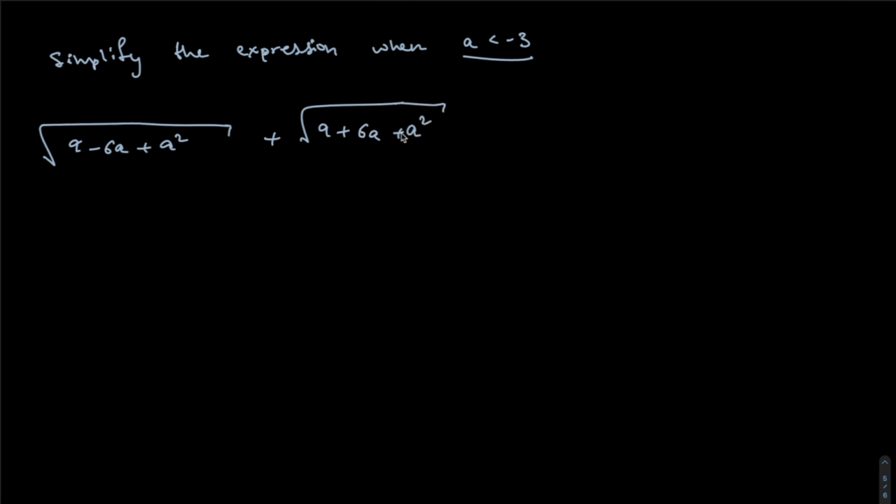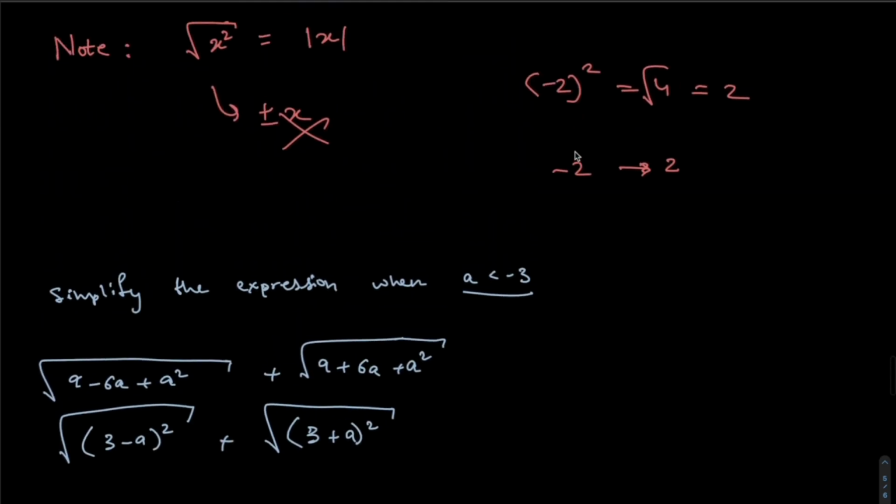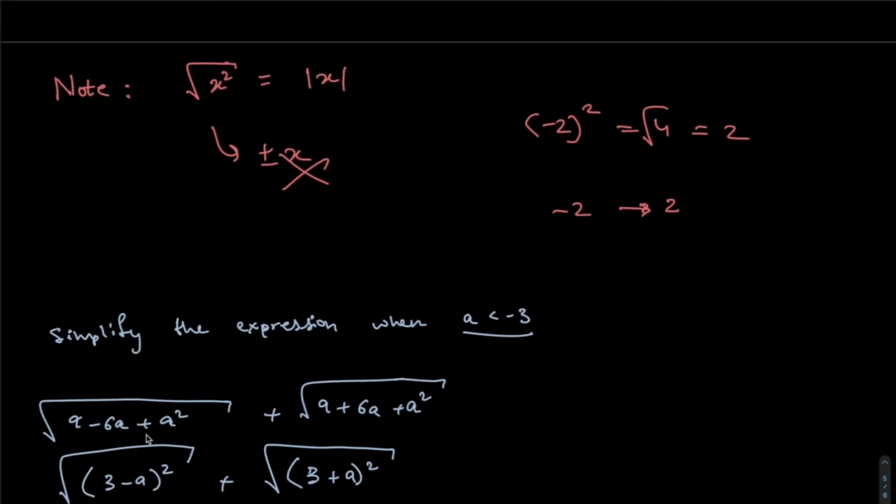So if you notice, these are perfect squares, right? So I can write this as 3 minus a whole squared and then the square root below it, right? And similarly, I can write the same thing here as well, 3 plus a whole squared inside the square root. Again, this is similar to the thing that I just explained: something squared and there's a square root above it.